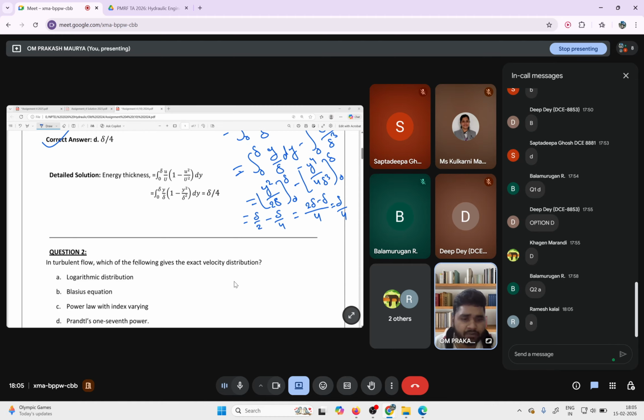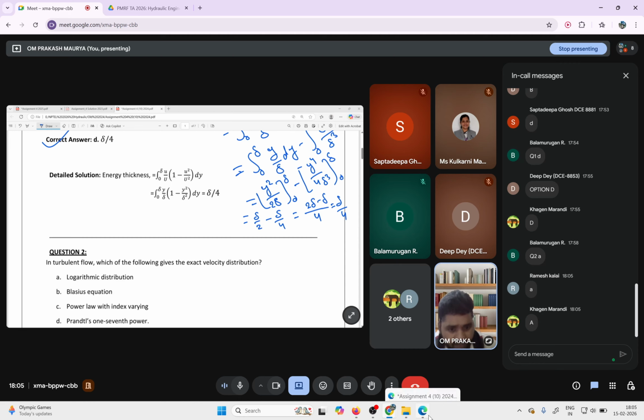Others please also try to attempt, try to think. If you are joining here, then you have to contribute in the chat box. Okay, Kagan is also telling A. Okay, most of the students are telling option A, so hopefully option A will be correct.